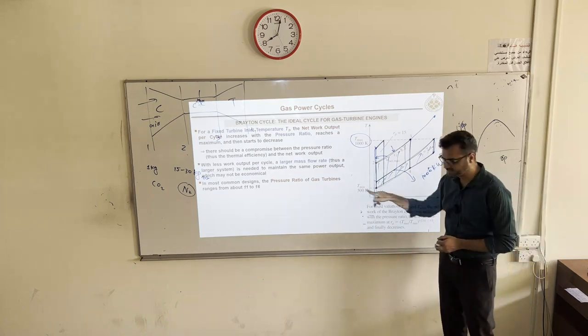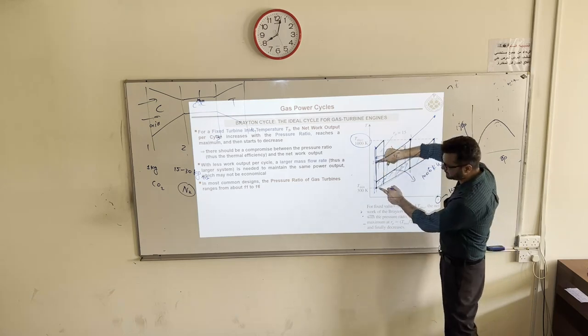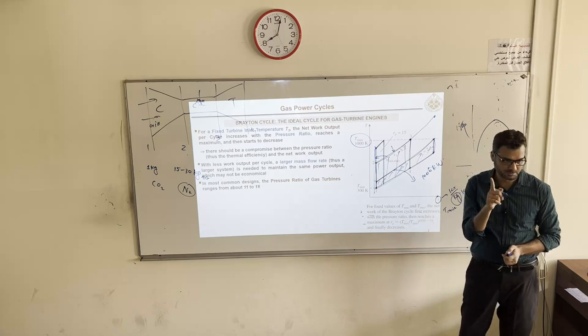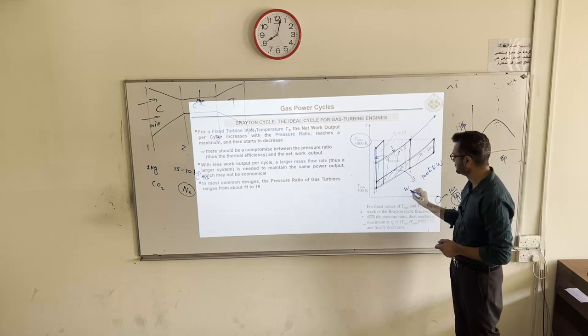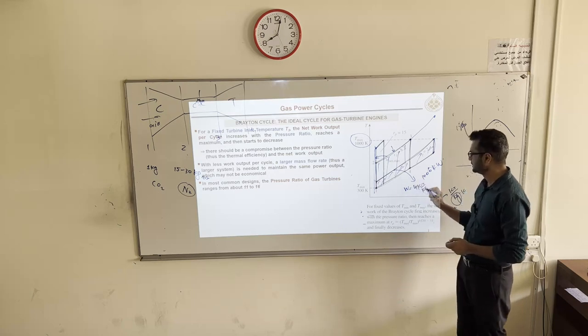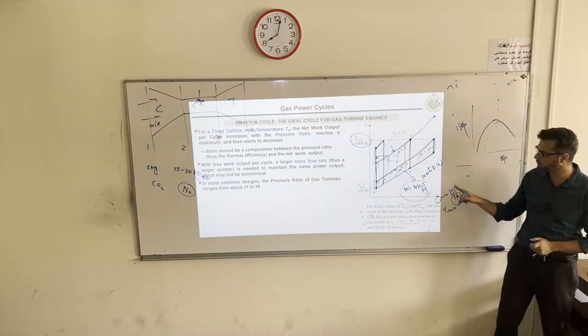You know what is T minimum, what is T maximum, and you choose a certain pressure ratio which will give you maximum output from 1 kilogram. So you calculated this small w, and it comes out to be 4 kilojoules per kilogram. That is what you can get maximum from 1 kilogram.